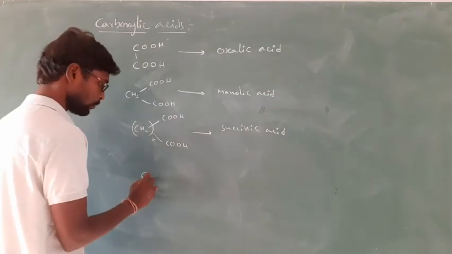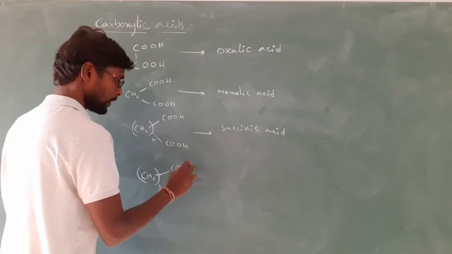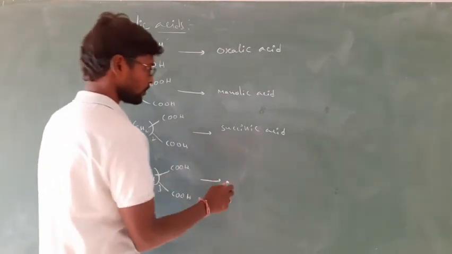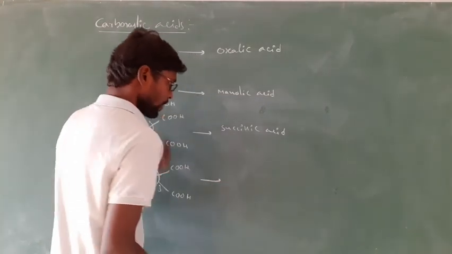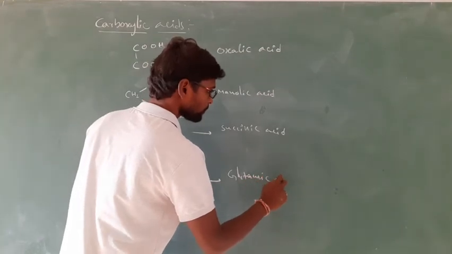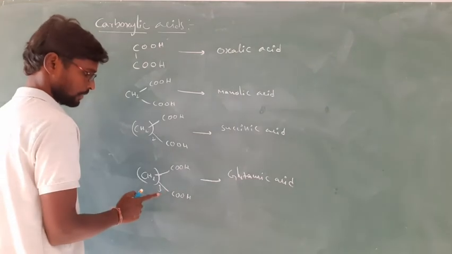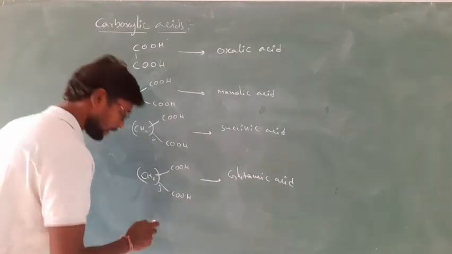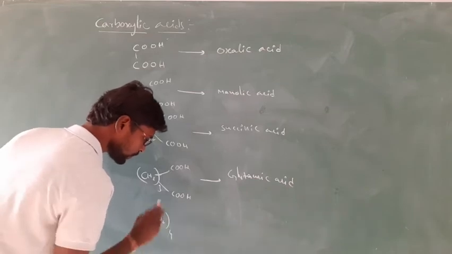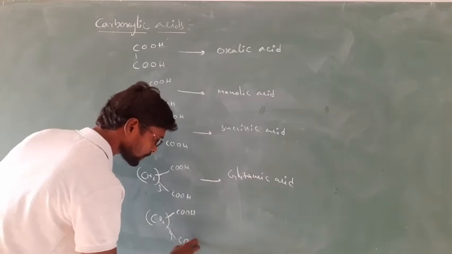Then if you write one more homologous member in between, with three CH2s and COOH, COOH, this is called glutaric acid. Right, that means it has 5 carbons, 3 here and 2 here. And again one more, 4 CH2s are there, with COOH and COOH at the ends.